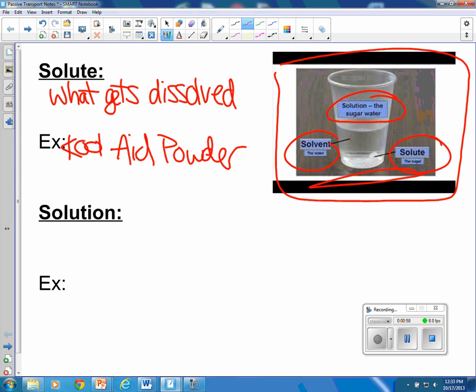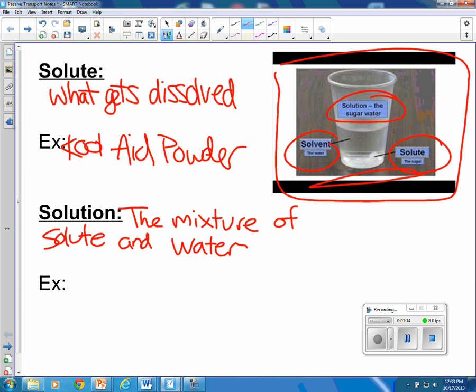A solution is a mixture of solute and a solvent. In this case, we're going to say it's water. It's a mixture of solute and water. So for this example, it's going to be the Kool-Aid powder plus the water, which is equal to Kool-Aid drink.